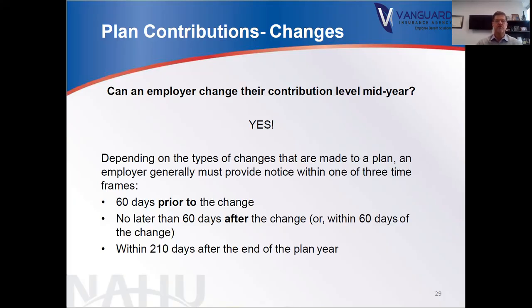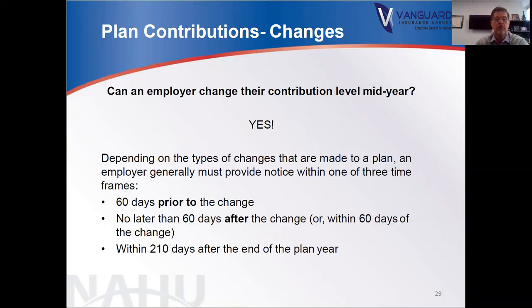And depending on the types of changes to the plan, there's definitely a few different timelines that employers have to abide by, and they need to either give 60 days prior notice to the change. They need to give no later than 60 days after the change or within 60 days of the change. So it's got to be done no later than 60 days after the change is occurring.